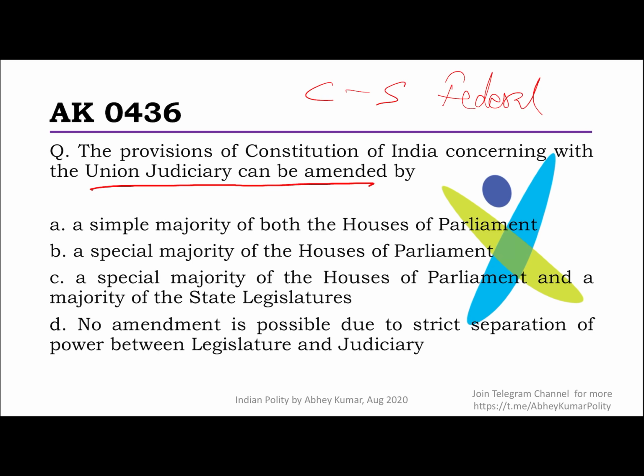Hence, any amendment in these provisions of the Union Judiciary, the Supreme Court, will require an amendment procedure where the states are also involved. We know that idea, which means under Article 368, it will require a Constitutional Amendment Act, as well as ratification by a majority of the state legislatures, at least half of them, right? So it has to be done that way only.